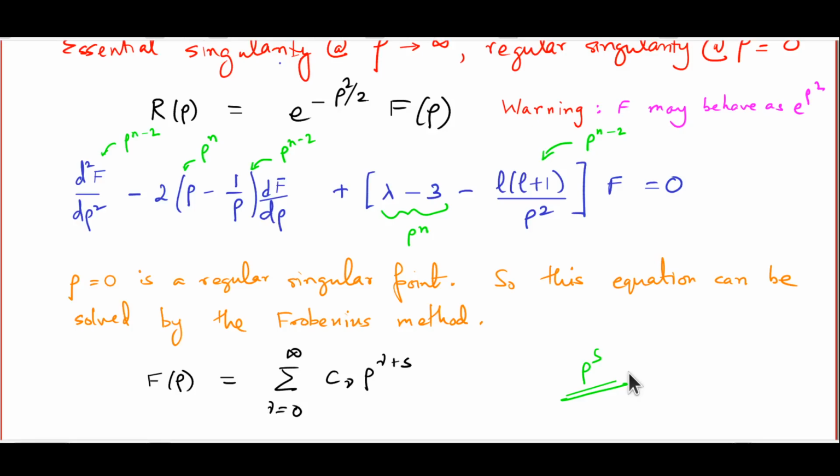Because rho equal to 0 is a regular singular point, we do expect both solutions to be free of essential singularities, but we do expect that there has to be a singularity at least in one of the two solutions. So even if one solution is free of singular behavior at rho equal to 0, the other solution will definitely behave badly there. Our aim, of course, is to find out the solution, if it exists, which behaves nicely at rho equal to 0.